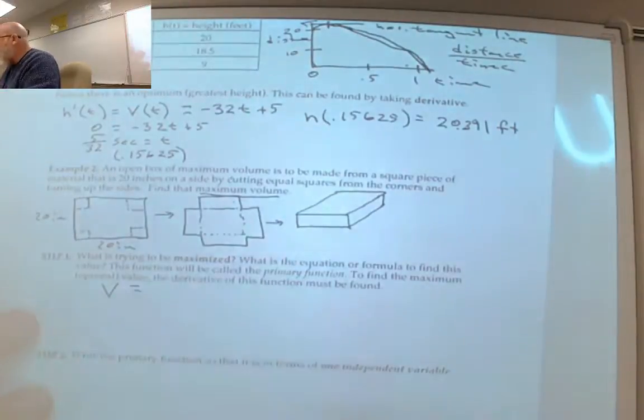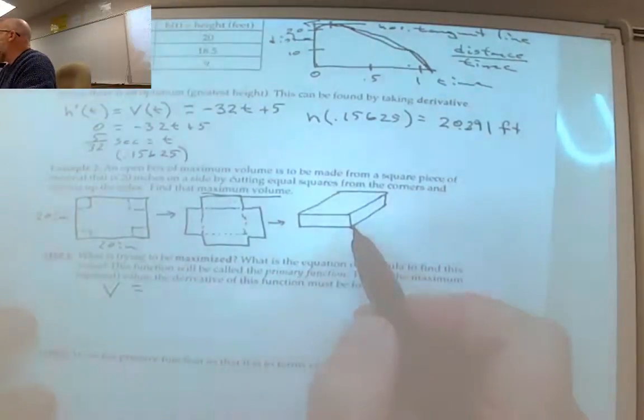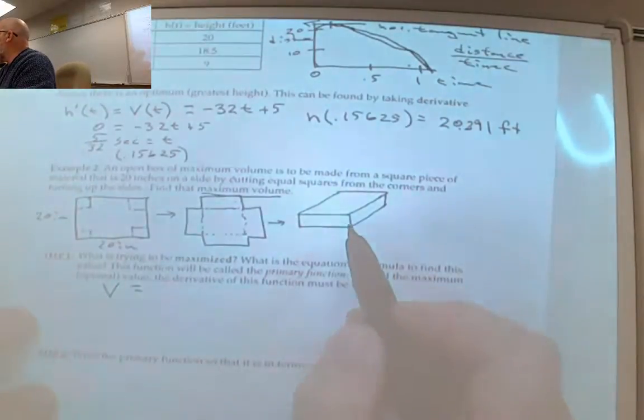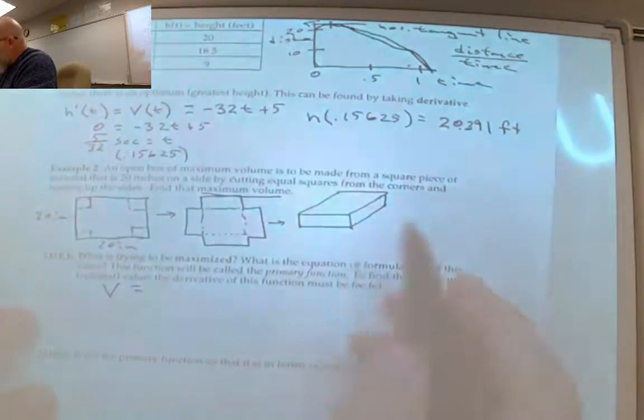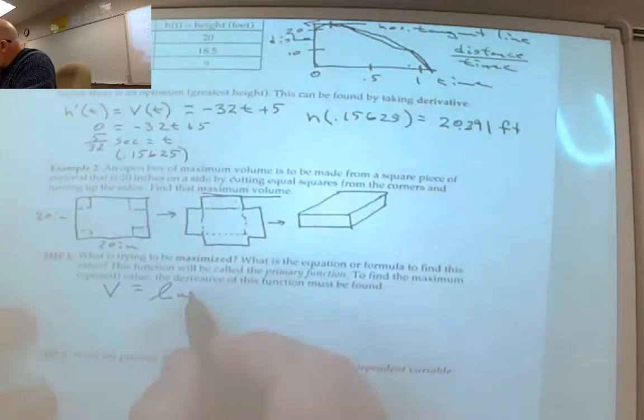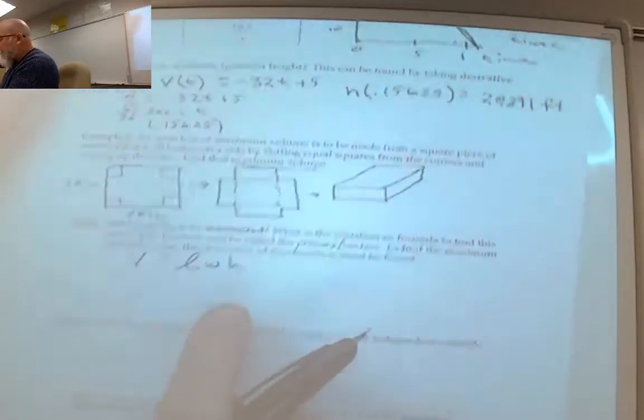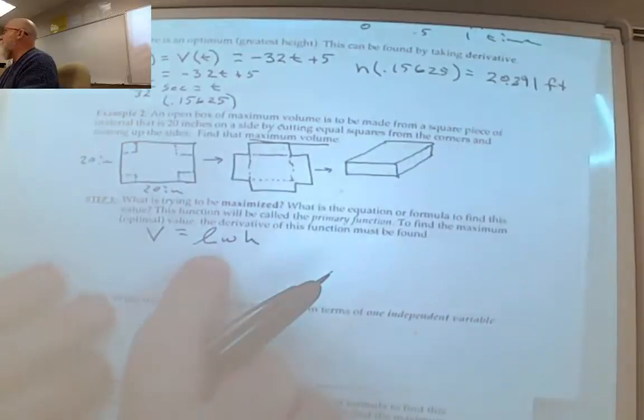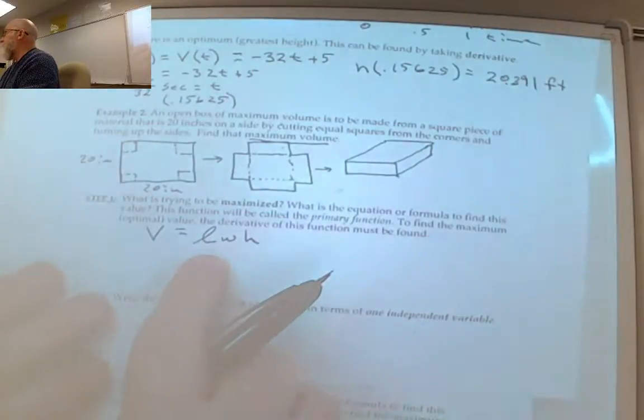So I look at this shape from geometry. How do I figure out the volume of that shape? Length times width times height. In AP Calculus, they think you should know how to figure out the volume of a rectangular prism. Length times width times height. Okay?